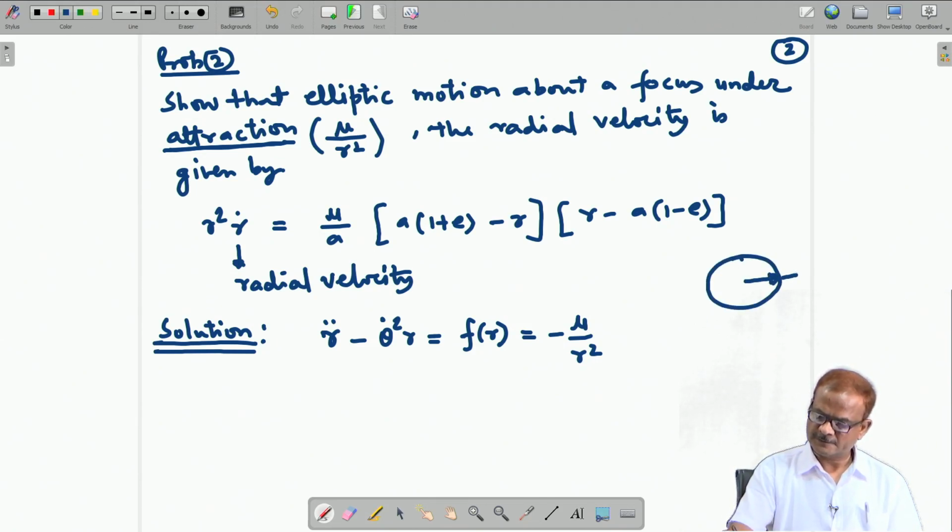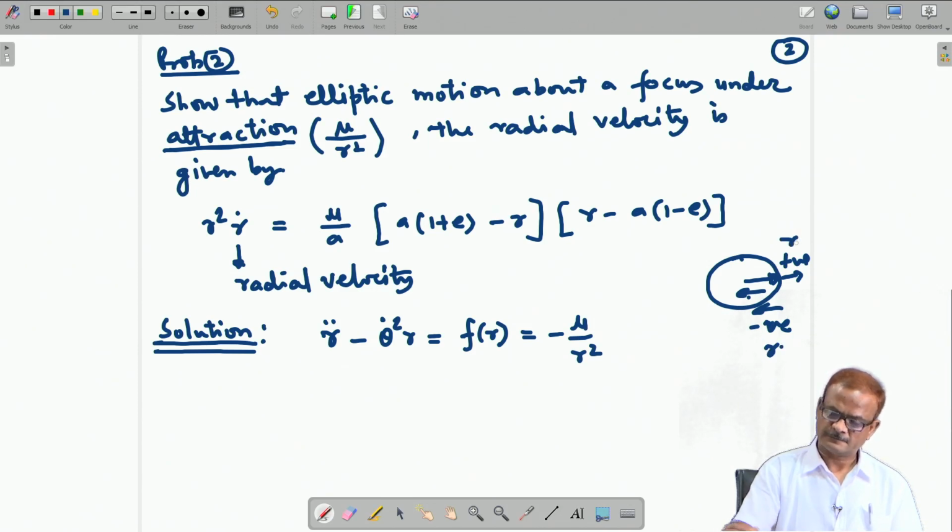This is the positive direction of r and this is the negative direction of r. So, we are putting a minus sign to indicate this is attraction.